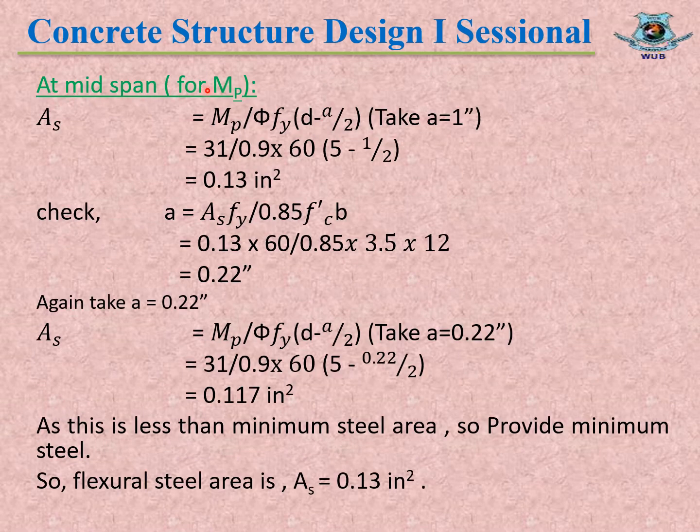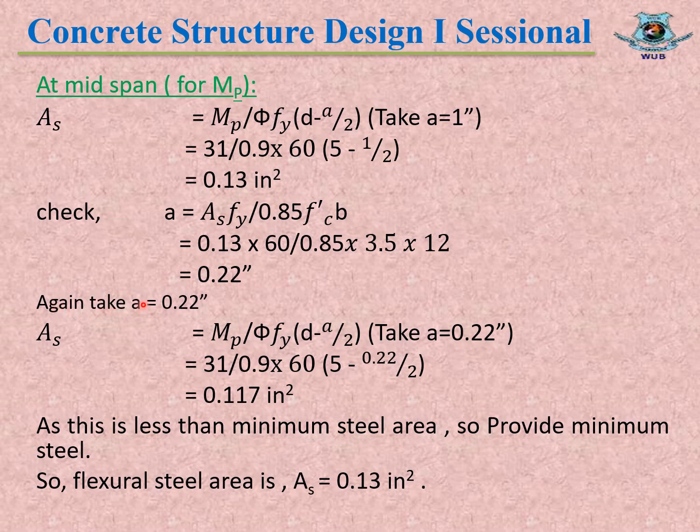At mid span, positive moment MP equal to 31 kip inch. A is equal to MP divided by phi Fy into d minus a by 2. Take a equal to 1 inch for trial and error process. By substituting all values, As is equal to 0.13 inch square. Check a equal to 0.22 inch as shown in previous slide.